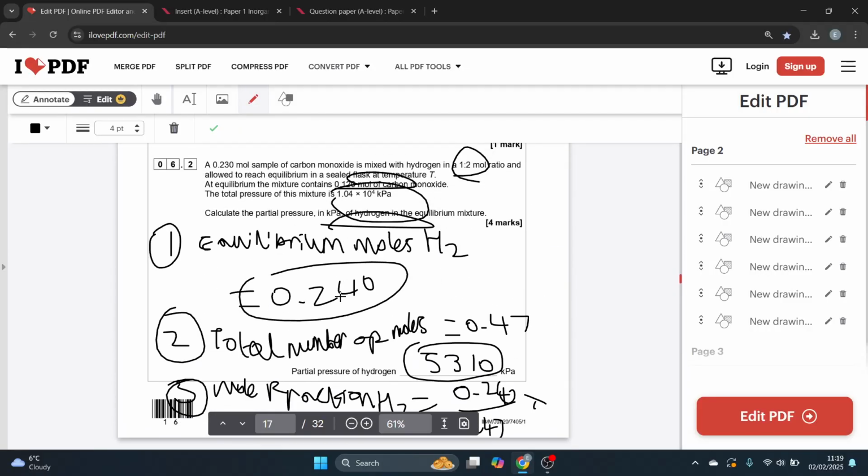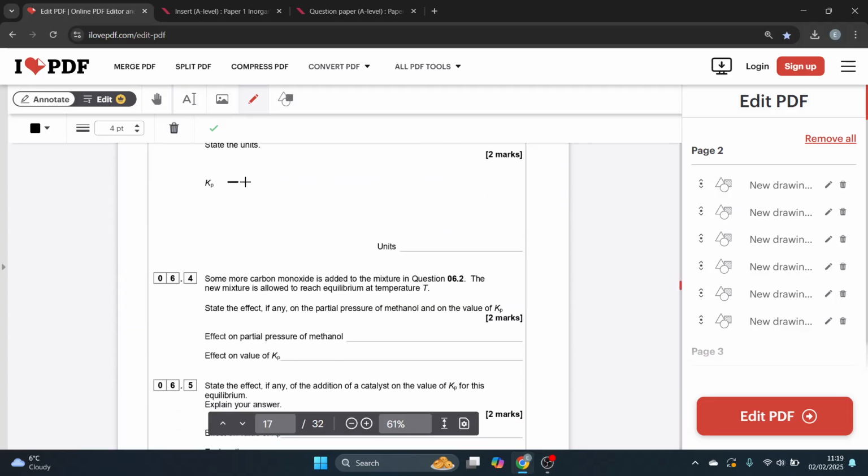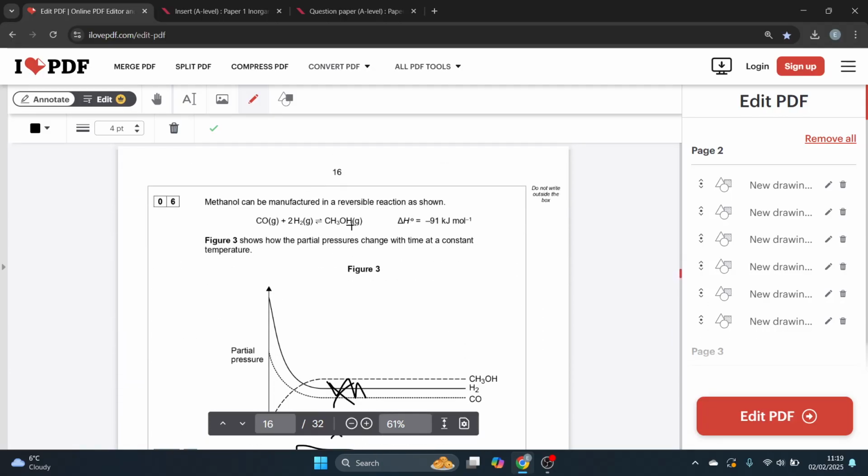This is a very weird question, because it's not your average question where it's like find out the equilibrium moles or calculate the mole fraction. It wants me to calculate partial pressure. It's just not a normal question. 6.3 gives the expression for equilibrium constant Kp. Kp curly brackets, remember? So it's just going to be products over reactants. Has it given me the equation? Yes, it has.